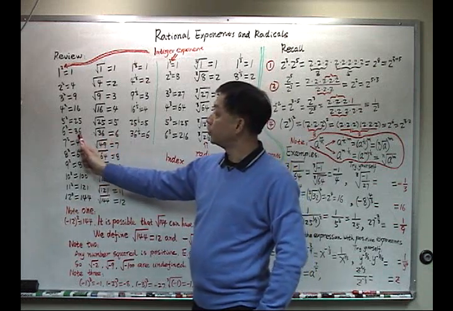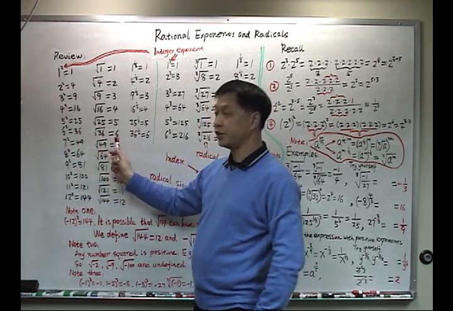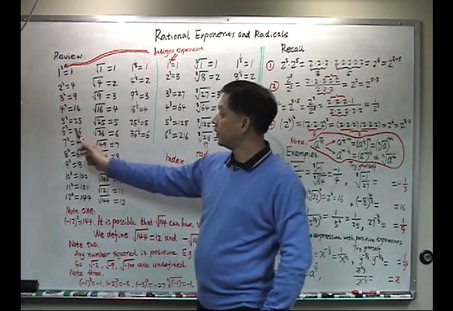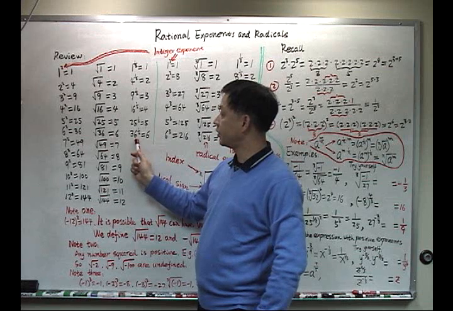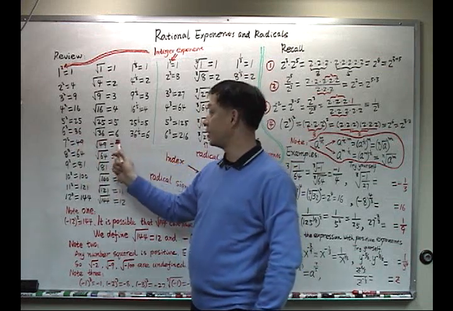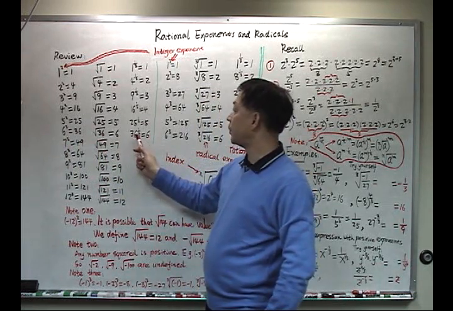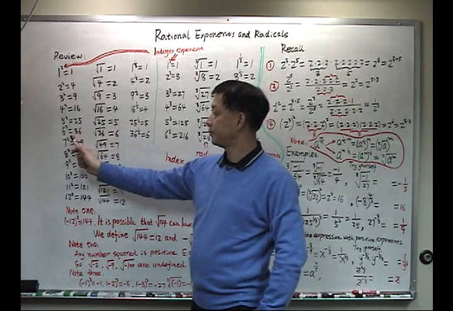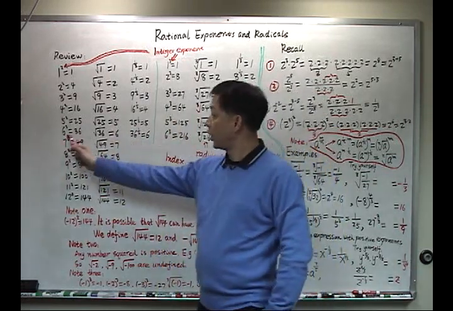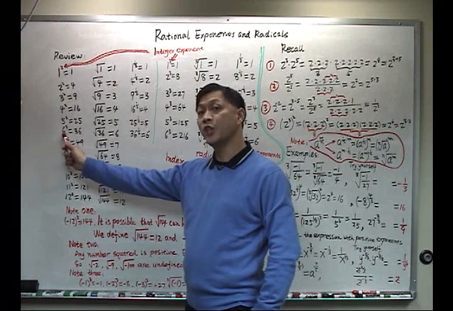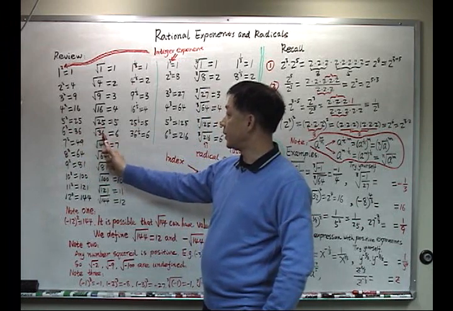You see radical on 36, you then have 6. Or you put 1/2 on the shoulder of 36, you will go back to find 6. So 36 to the 1/2 is 6. So there are two ways to find the original number, such that the original number squared is the radicand right here.